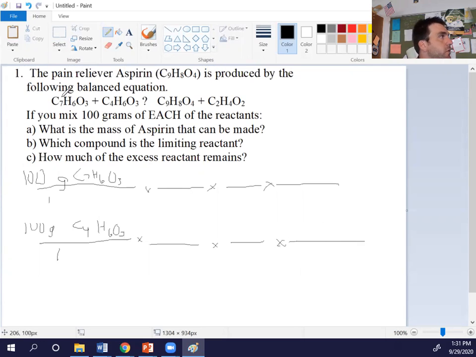You find the molar mass of C7, and Lamaya, you find the molar mass of C4H6O3. 100 grams C7H6O3, 100 grams C4H6O3. The only thing that changes from the first one to the second one is C7 to C4.